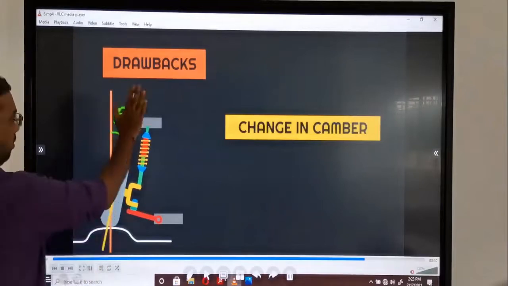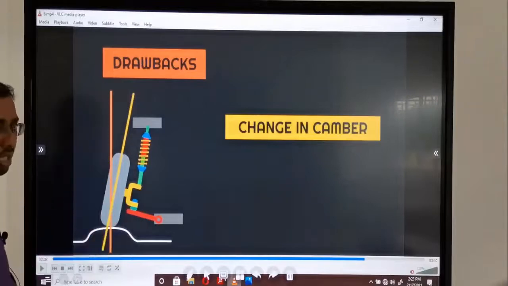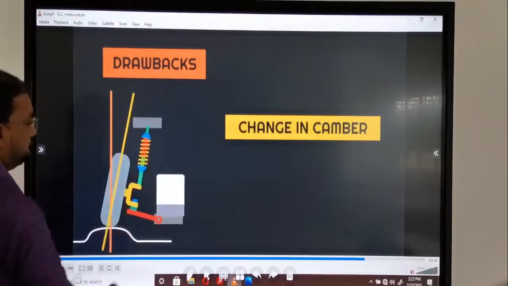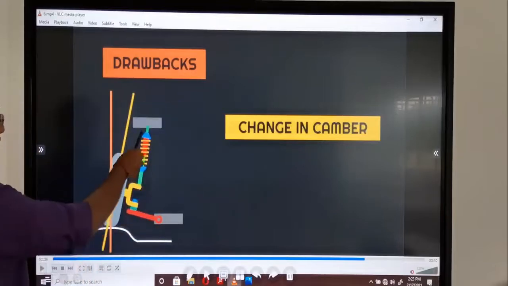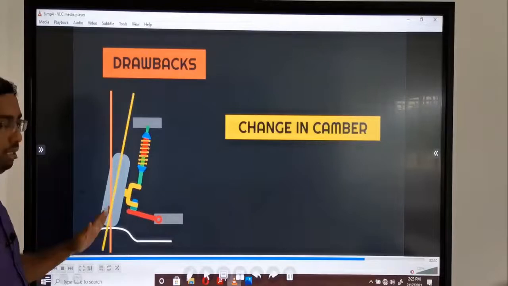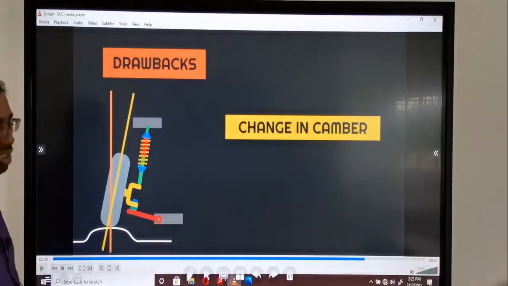So in the Wishbone type, the wheels move vertically up and down because of the upper arm. But here there's one lower arm and the strut is placed like this, so the wheel can move in an inclined position.